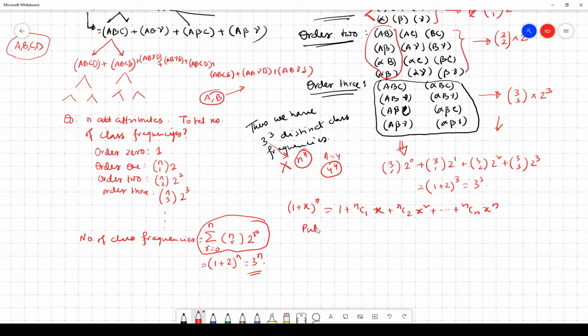And put x equal to 2, then this is equal to 3 to the power n. Thank you, Pritam. So if you have n attributes, then the total number of class frequencies is equal to 3 to the power n.